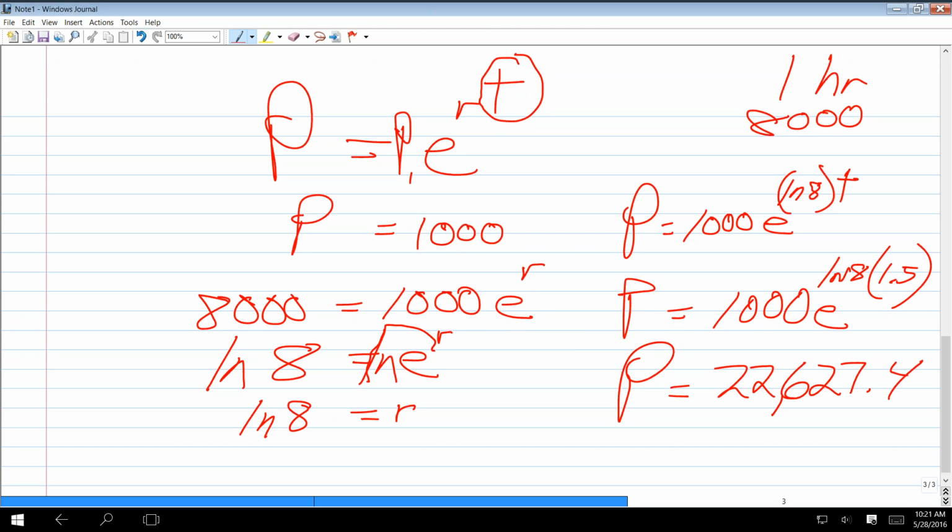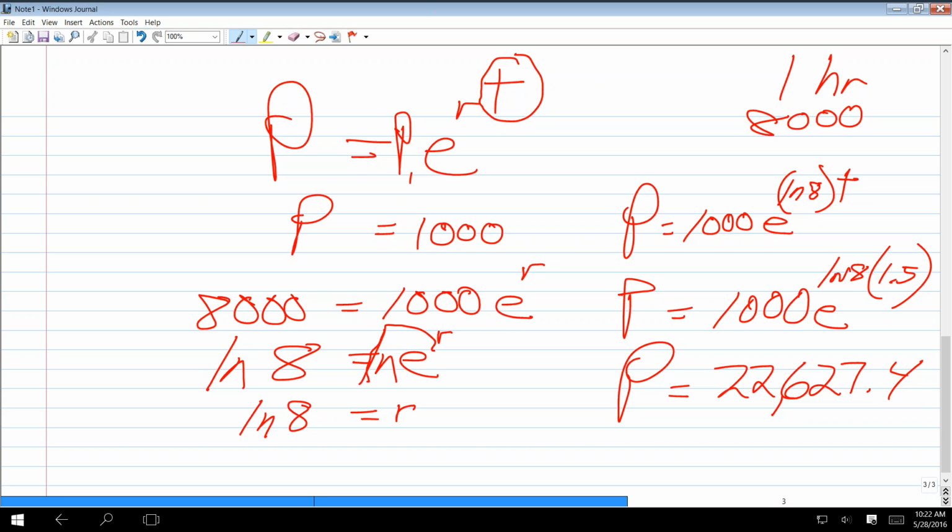In other words, if 1,000 grows to 8,000 in 1 hour, well, that 8,000 in another hour would grow to 64,000, right? Right. So in a half an hour, growing to 22,000 certainly is a ballpark figure. That kind of verifies that it's as close as I could have approximated it. Means you probably got it in there right.